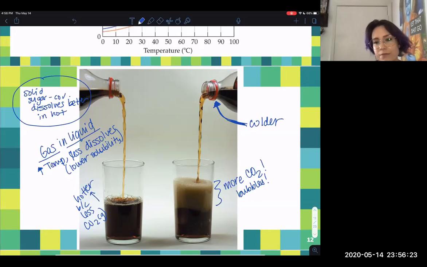They don't like each other. So if you've never used a soda stream or one of those little CO2 canisters, you have to pressurize it, with a lot of pressure. You have to put a lot of CO2 and really pressurize it before the gas will dissolve. So you have to do two things to make a gas dissolve in a liquid, especially a non-polar gas dissolve in a polar liquid. First, we have to pressurize it.